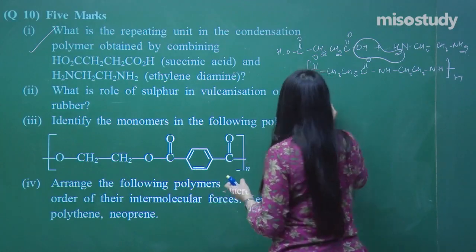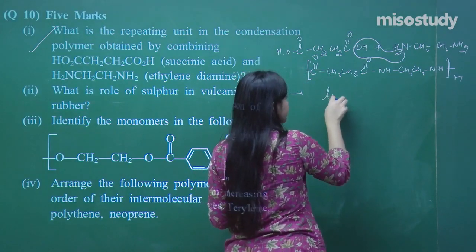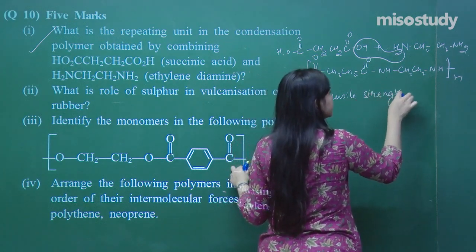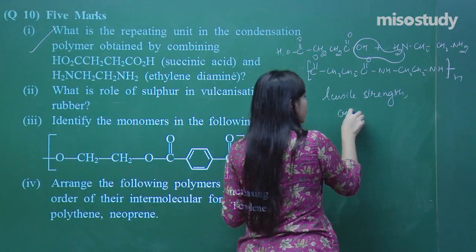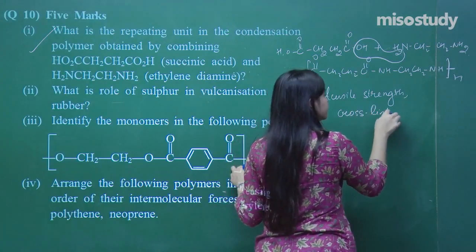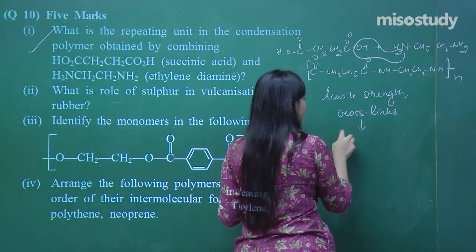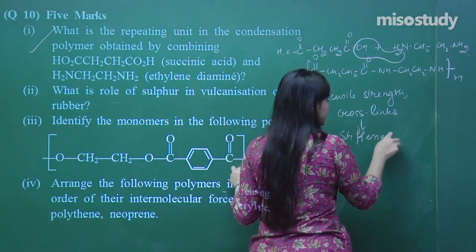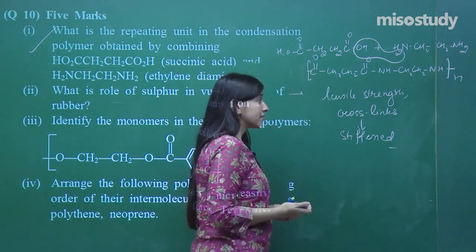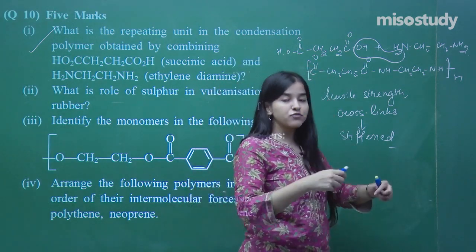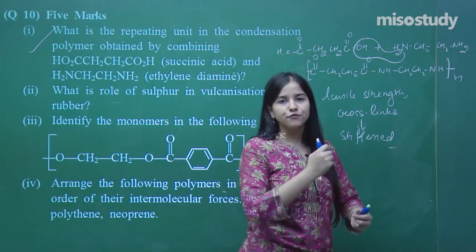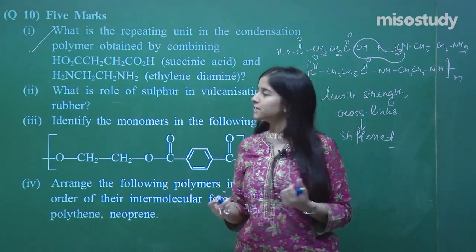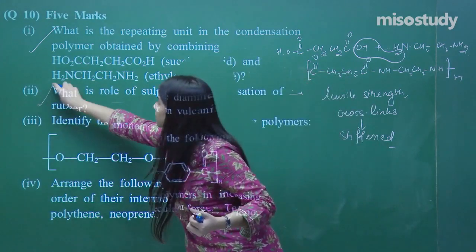By giving it tensile strength and cross links in between, right, due to which it has stiffened, it has become stiff, right, and it has got tensile strength, and even if it's subject to so much harsh force, it is non-abrasive basically, right. So that is why vulcanization is done.